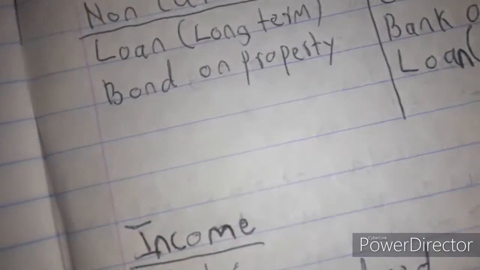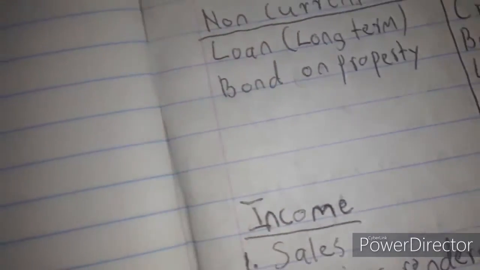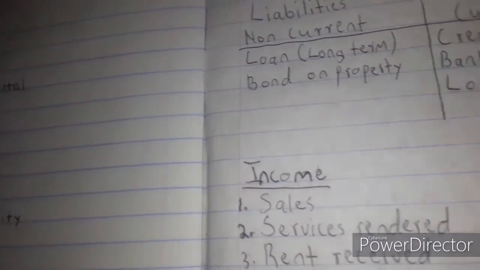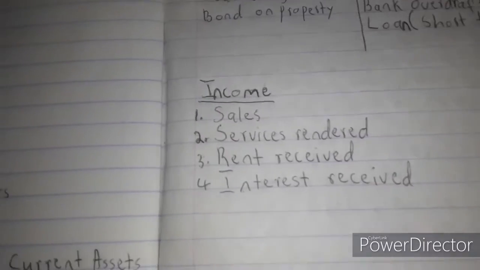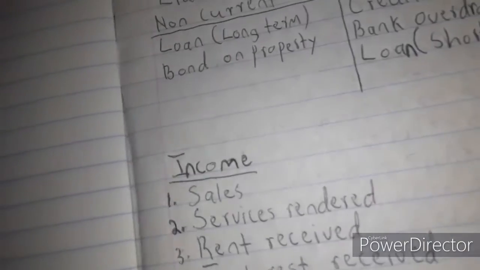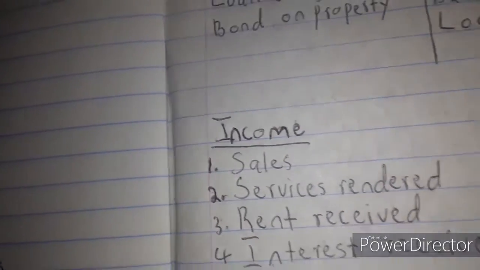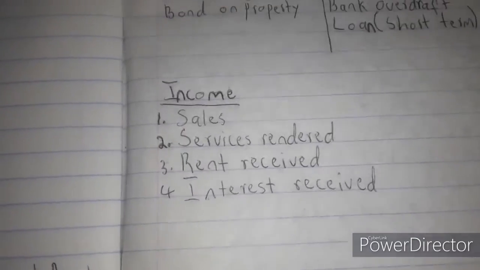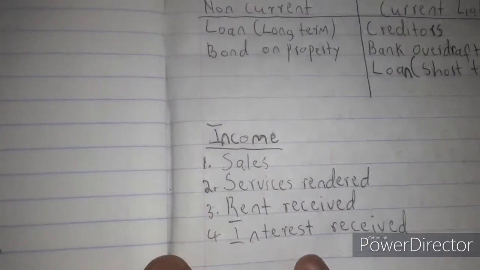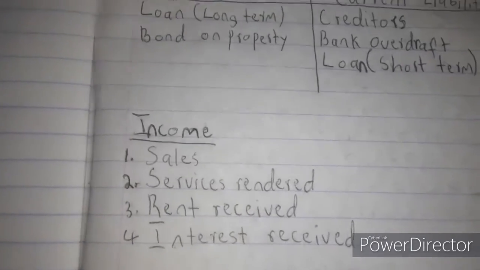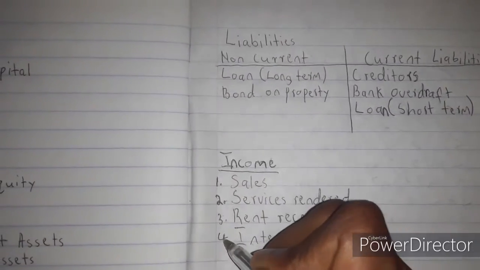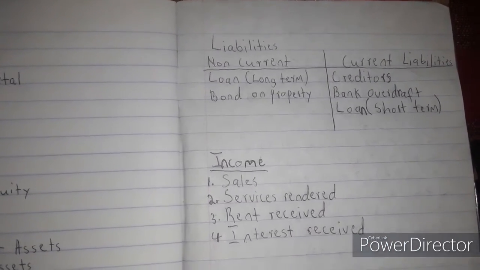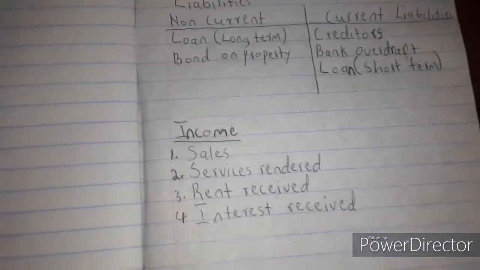So interest received is that kind of amount that is received on top of the amounts that the business already has, or the amount that is received from debtors whenever they paid later than the agreed date.